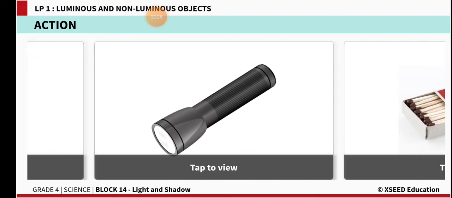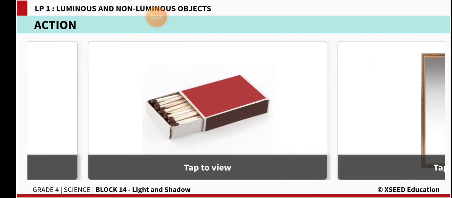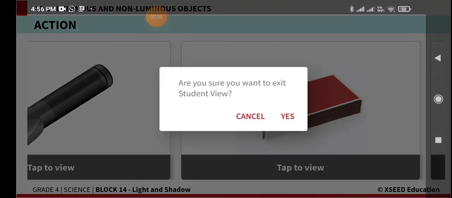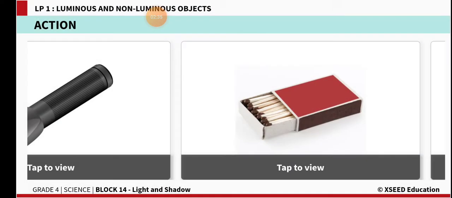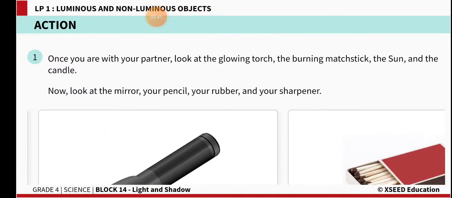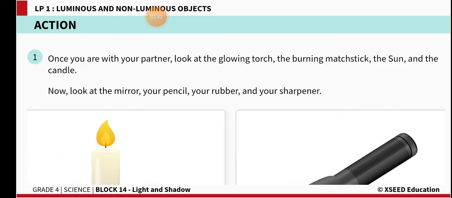So here I'll show you some objects. You have to find out whether they are able to give their own light or not. Now you can see this. Look at the mirror, your pencil, your rubber and your sharpener.